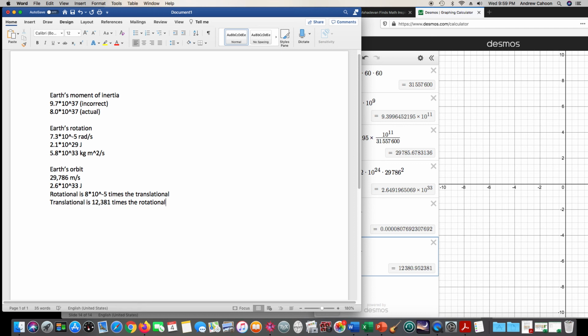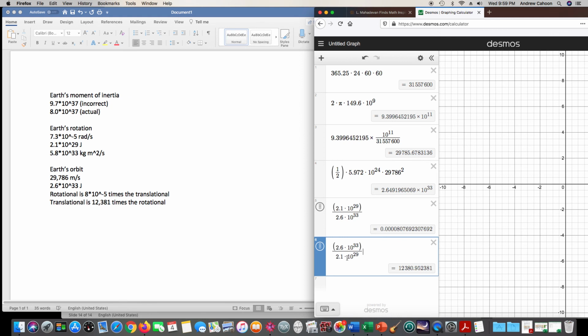However we want to look at it is fine. The bottom line is there's much more translational energy in the Earth than there is rotational energy in the Earth. So it's sort of similar to the baseball problem, actually.